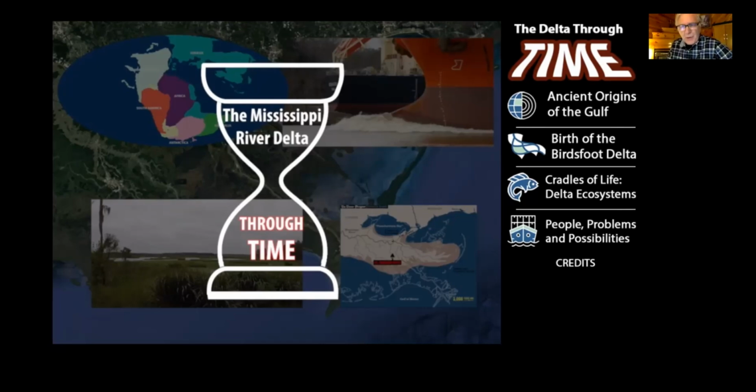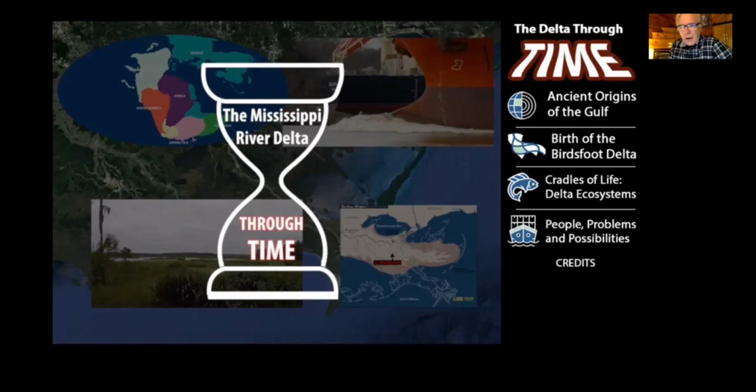And then the last piece is looking at the social layer, people, problems. There have been some significant issues that have evolved from the history of our involvement with the Delta, since people have been making significant changes to the systems in the Gulf. And then looking at possibilities. There are big efforts at work to try and redress some of those issues.